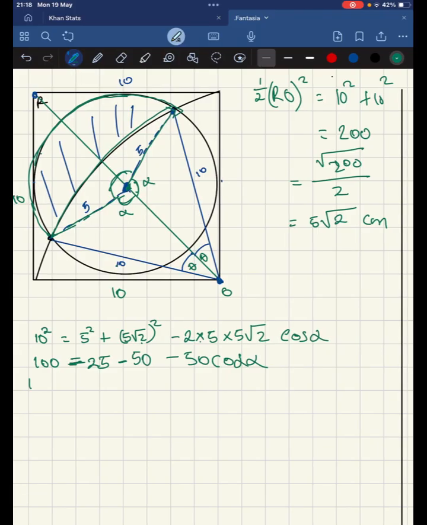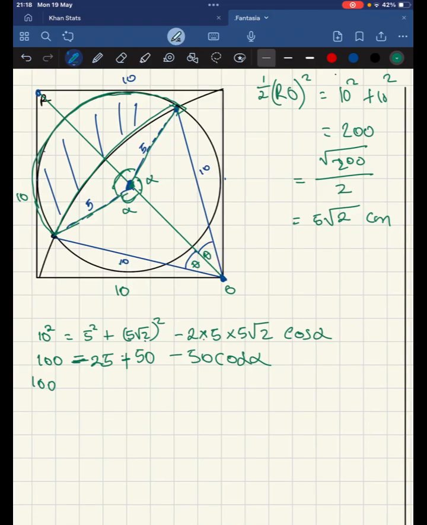So then this becomes 100. This should be a plus then. This becomes 100 minus 75 is equal to minus 50 cos alpha, so 25 is equal to minus 50 cos alpha.